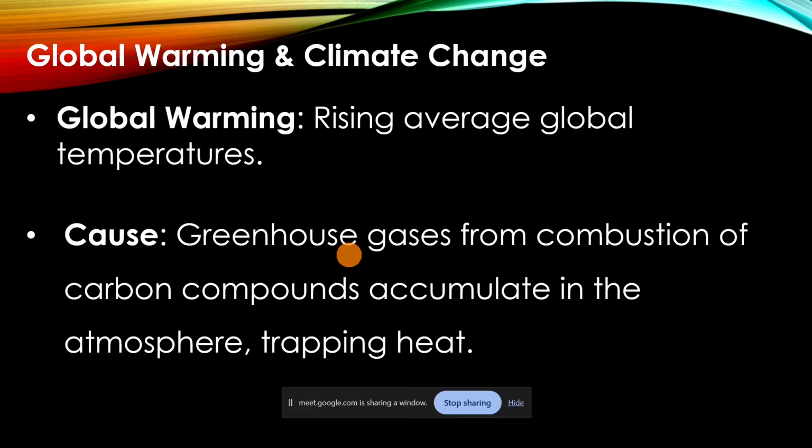Now, there are gases which behave like a greenhouse. These gases cause global warming. How? When they are released from combustion of carbon compounds, when they come from car exhaust machines, they go into the atmosphere.